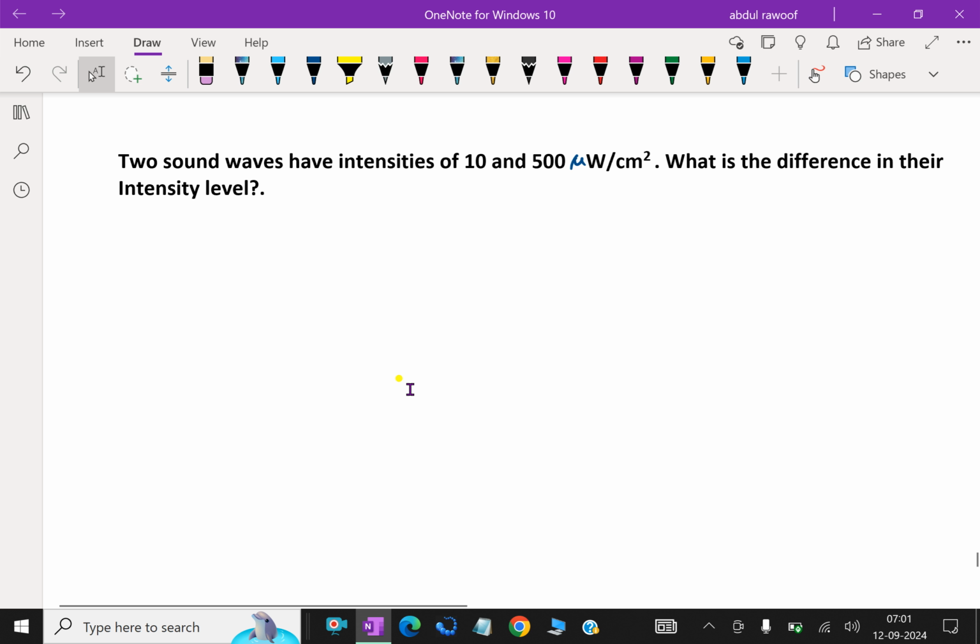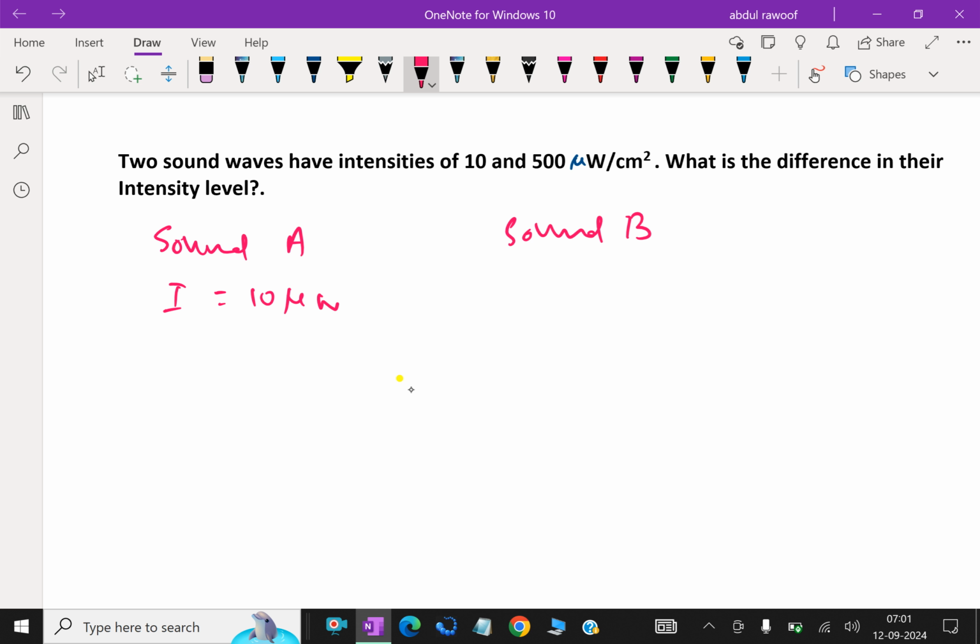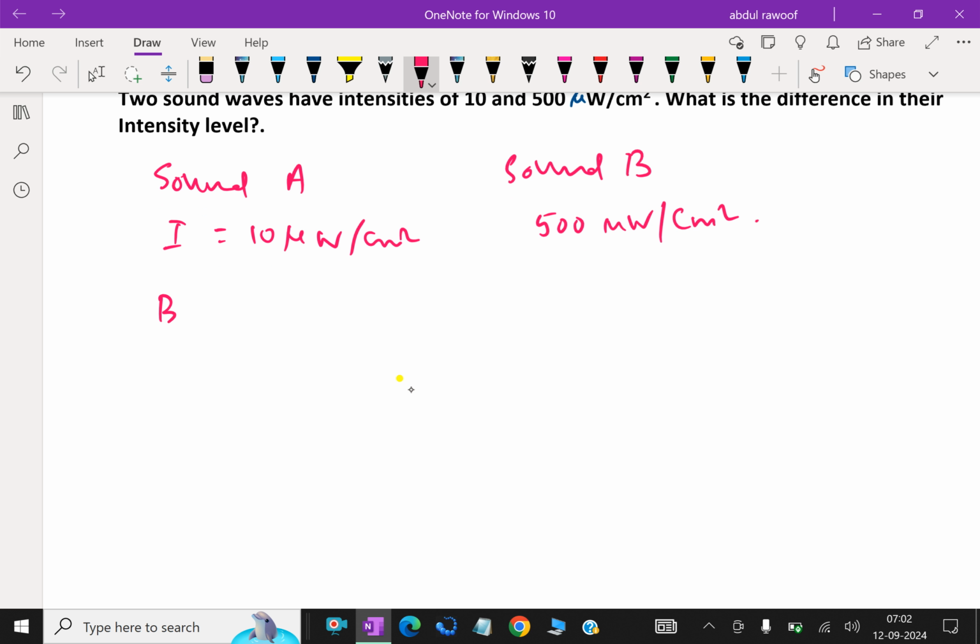Here, 10 microwatts per centimeter square for sound A, for instance, and second sound B. Then the intensity I is 10 microwatts per centimeter square for sound A. For sound B it is 500 microwatts per centimeter square.